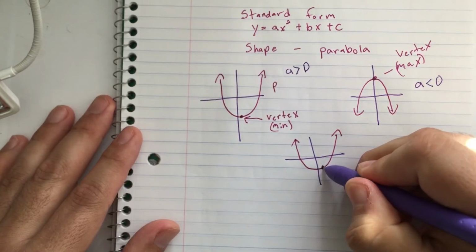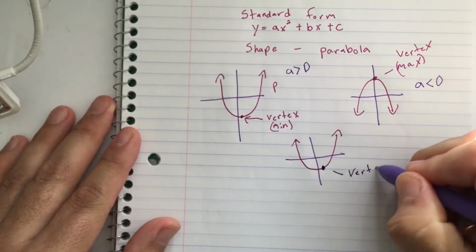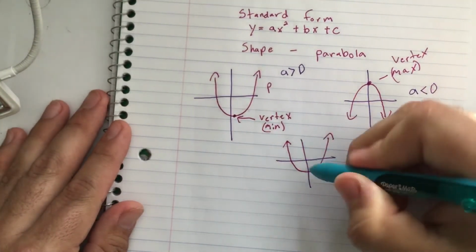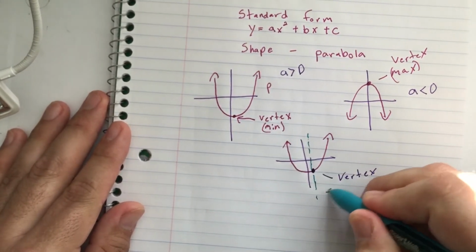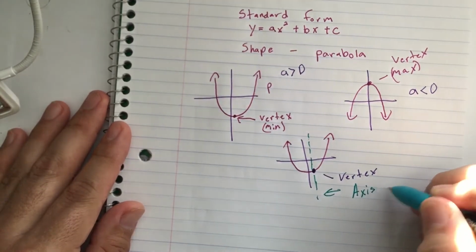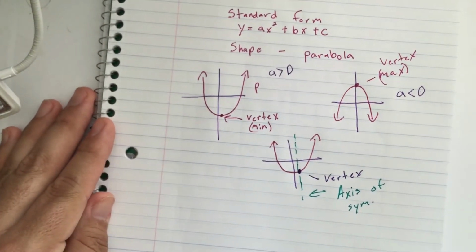So a couple of things. Right here, first and foremost, again, we call the vertex. And there's a special line that goes right through the vertex that cuts your parabola in half, two equal pieces. Okay, and this is called the AOS, or axis of symmetry. That cuts the parabola in half.